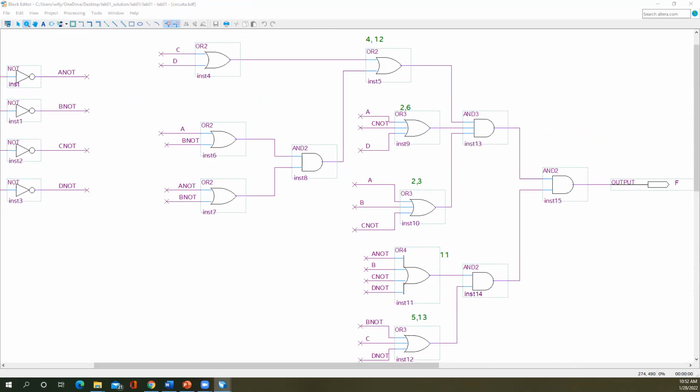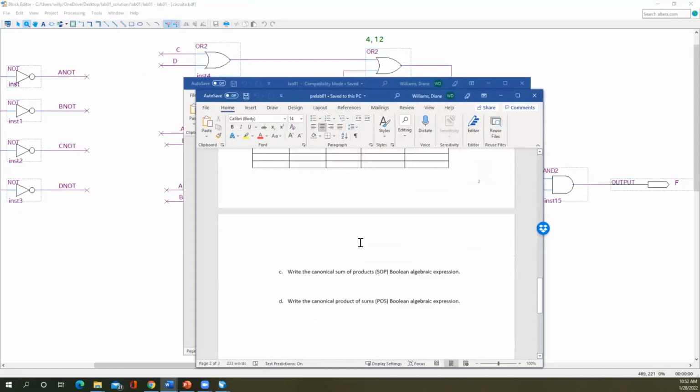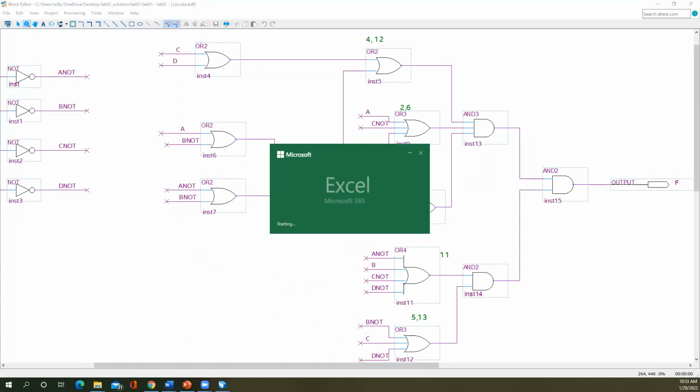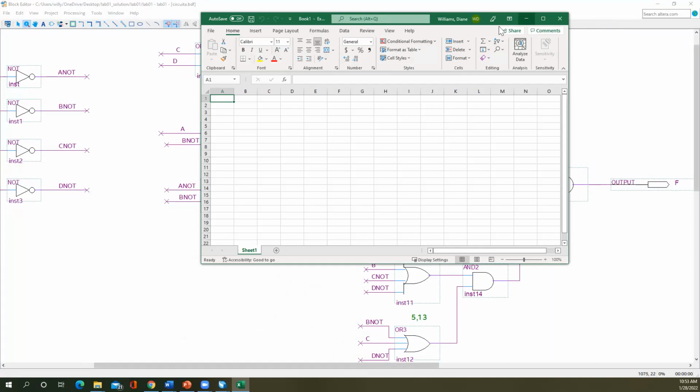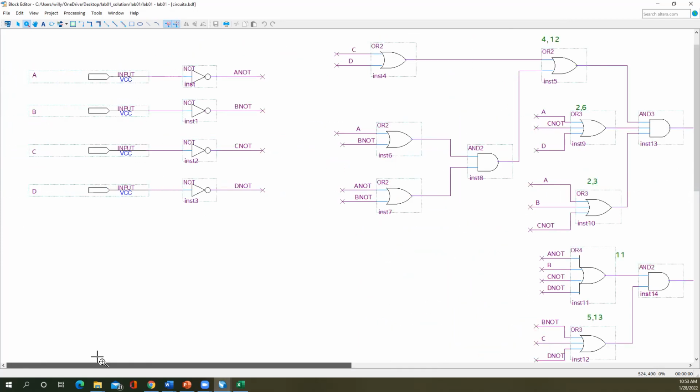And let me grab the pre-lab. Okay. Looking to see if I had a nice form already started. F is a function of A, B, C, and D.